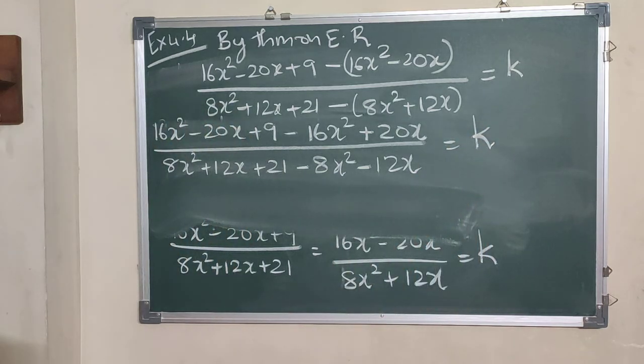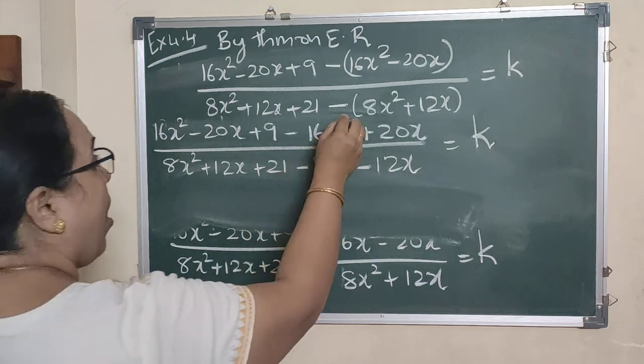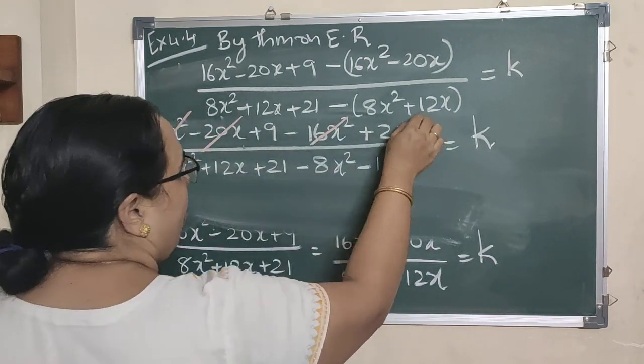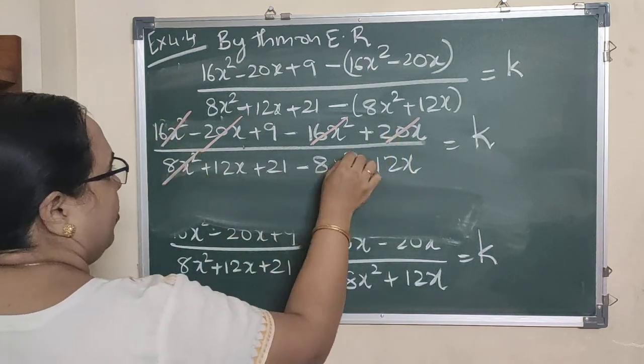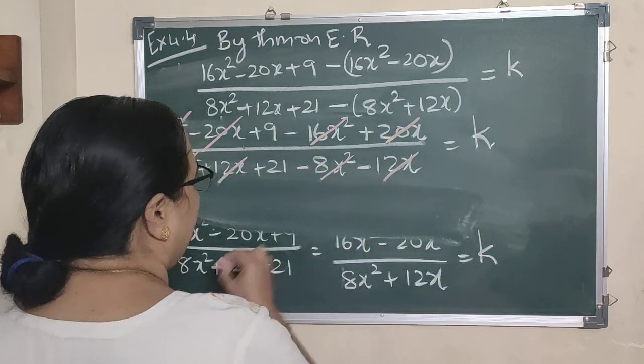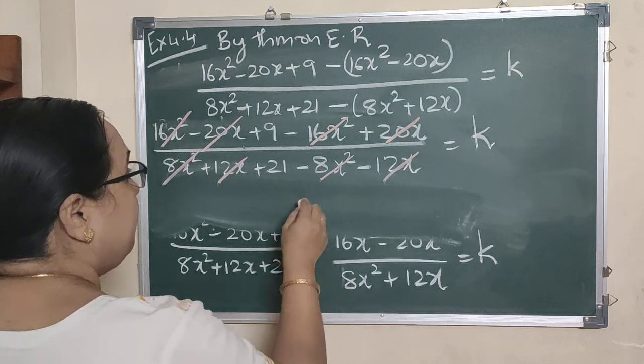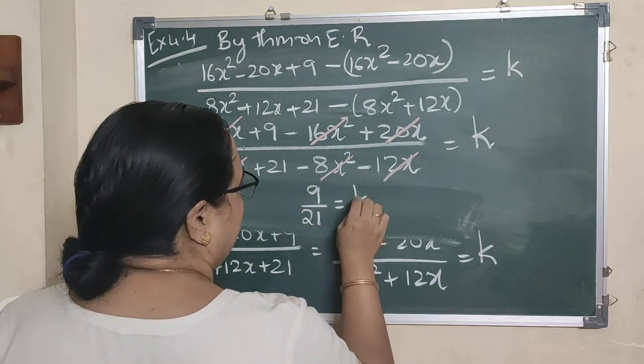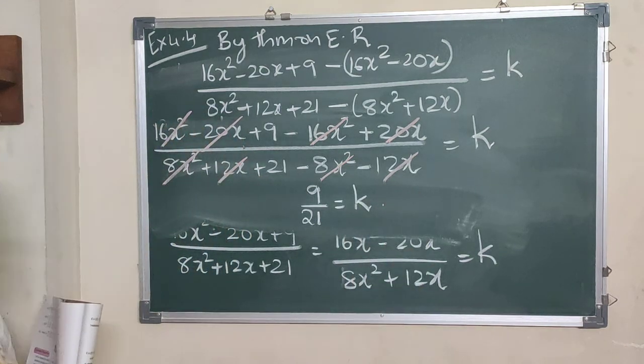Now in this process, can you see the same term with opposite signs? Same term with opposite signs, so they cancel each other. What we are left with is 9 upon 21, that is equal to k.